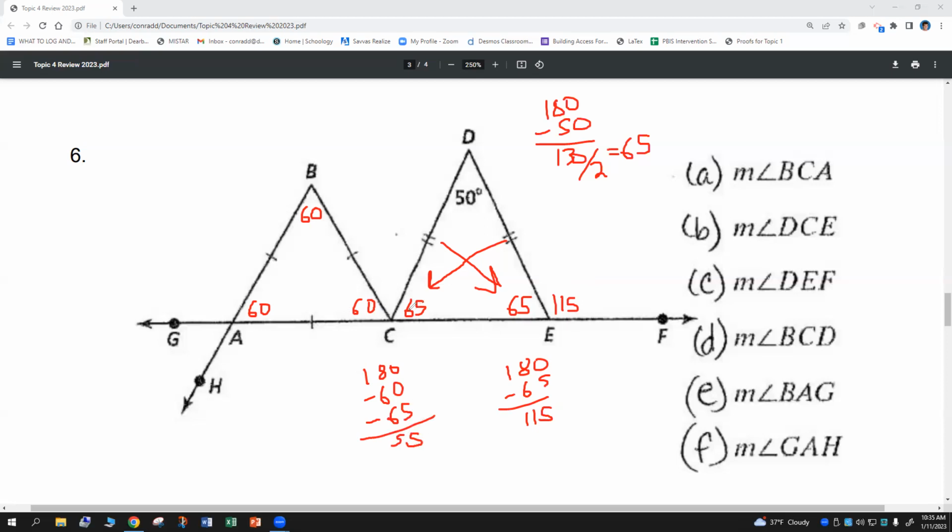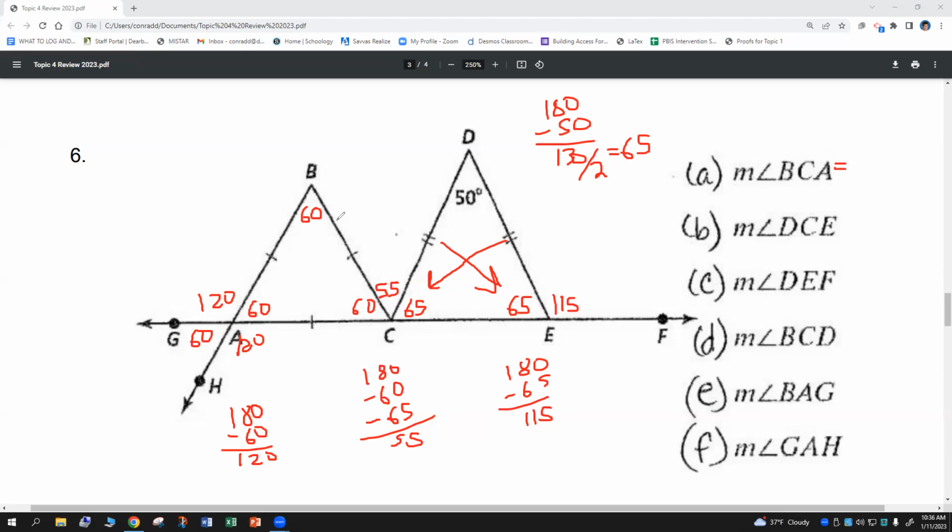So those 3 angles have to add up to 180 because they form a straight line, a straight angle. And then over here we have vertical angles are congruent, and then we can do 180 minus 60 gives me 120.